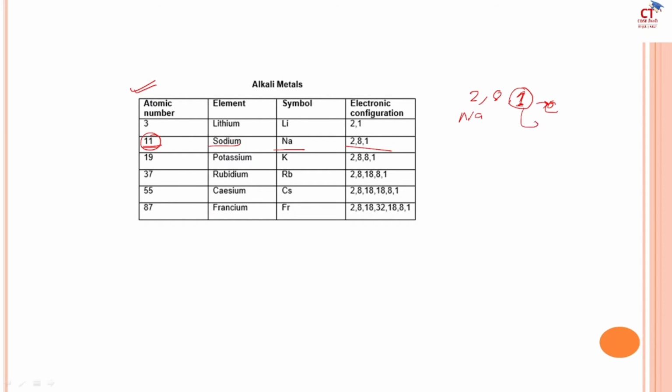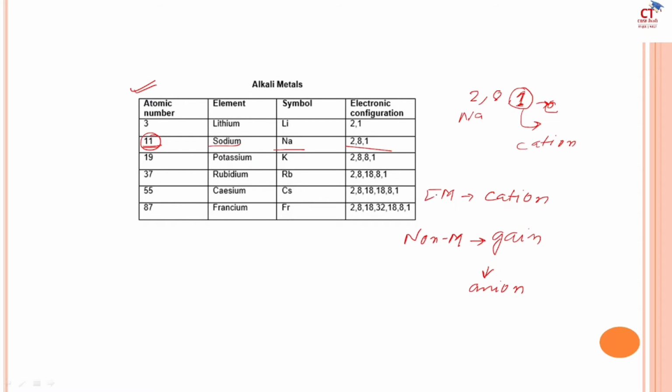It will try to give this away. A metal will try to lose it to form a cation. Metals basically lose to form cations, and non-metals will gain to form anions.